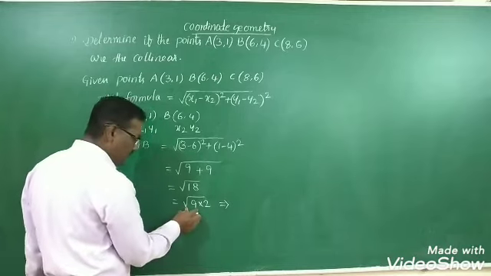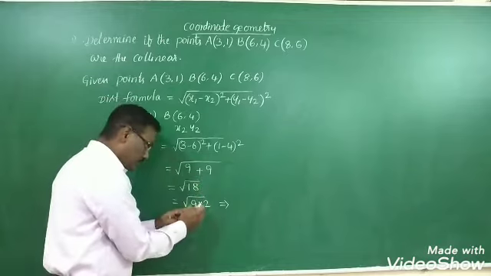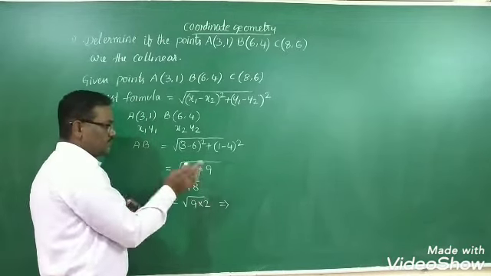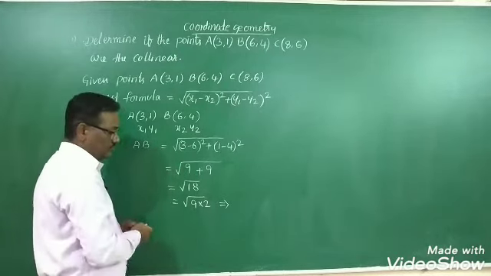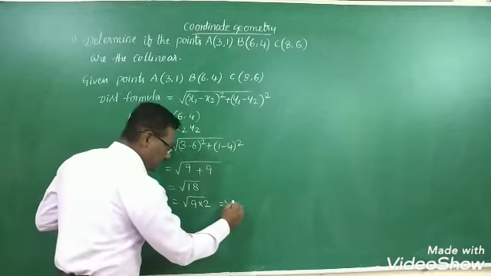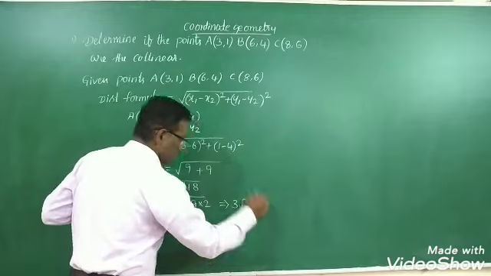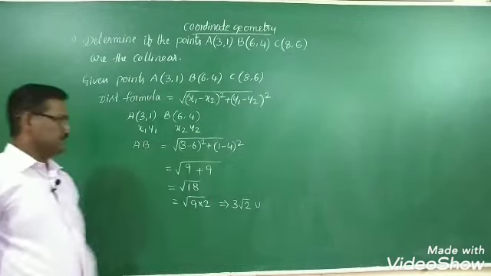What is root 9 value? Whenever there is a multiplication between the terms, we can apply square root for both. But in an addition, it is not possible to apply square root individually. Here we can apply. Root 9 is 3, root 2 as it is. So the AB length is 3 root 2 units.